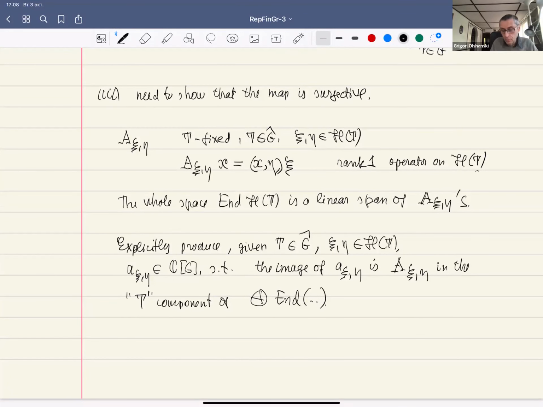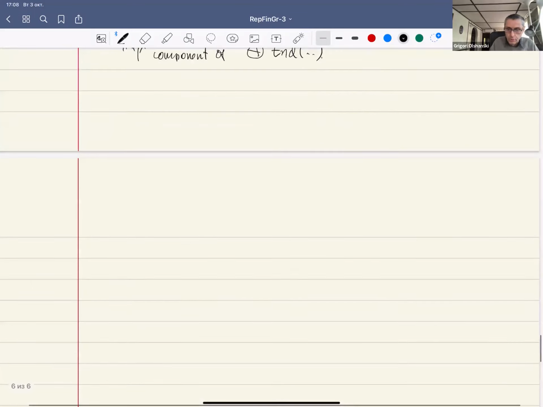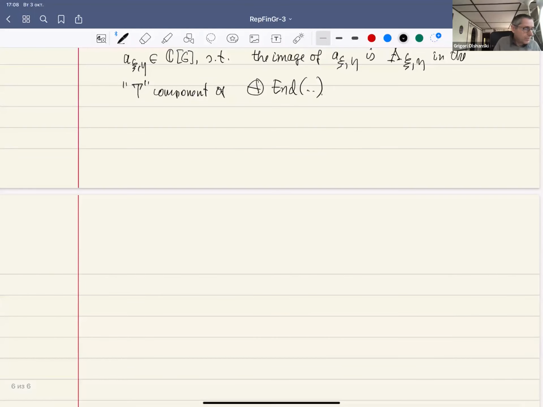So it will prove the fact that our map is onto. And what is this element?